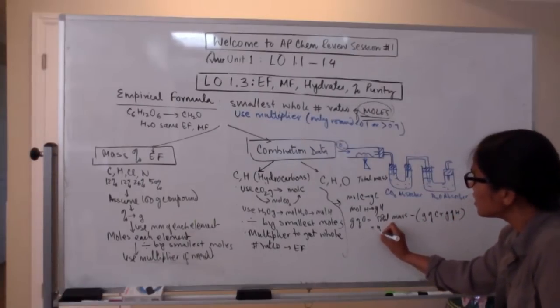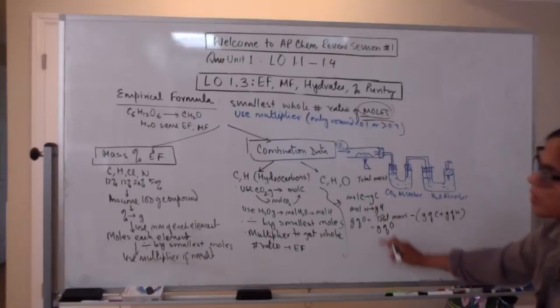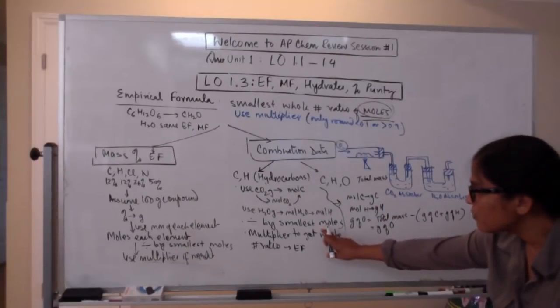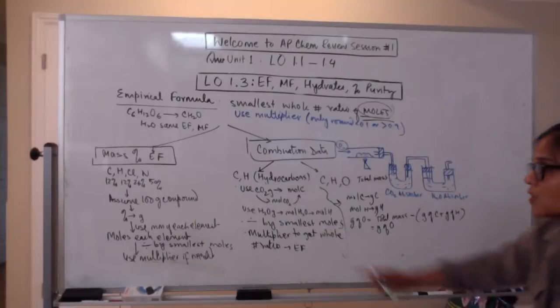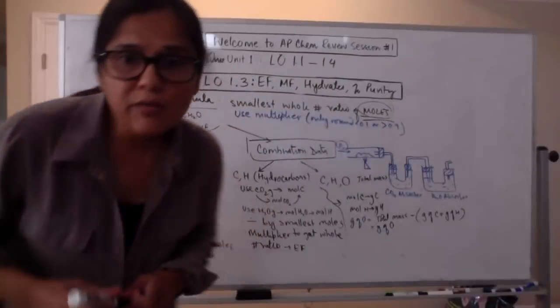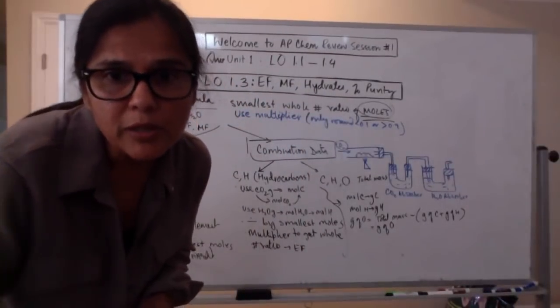Now it gives you grams of oxygen. So you have all 3 grams, convert them to moles, divide by the smallest number of moles, use a multiplier to get a whole number, and that's your formula. So that is the second way of doing the problem.